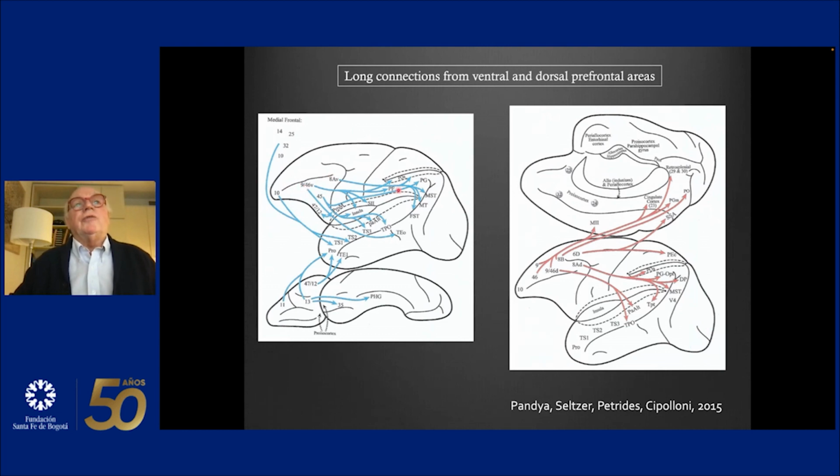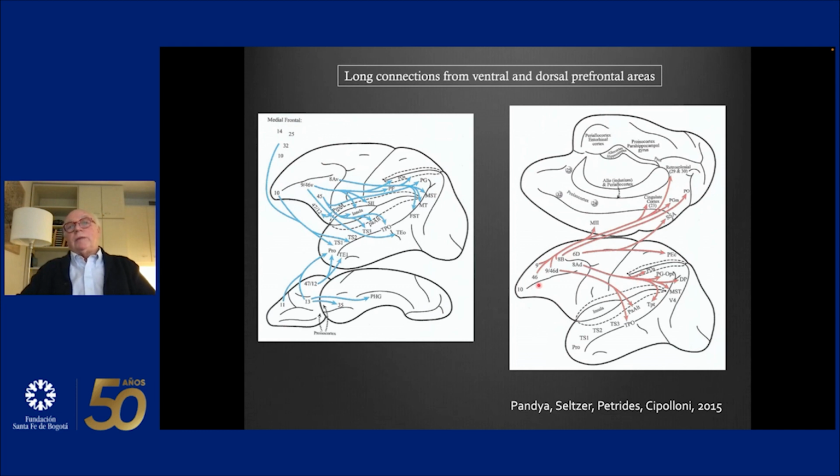You see that a lot of projections go to the parietal lobe, inferior parietal lobule, and superior temporal cortex, the insular and the perinsular regions, and the lateral, also the lateral orbital cortex, will have a lot of connections with the temporal pole and the parahippocampal gyrus. And also there will be projection from the medial cortex to the superior temporal sulcus.